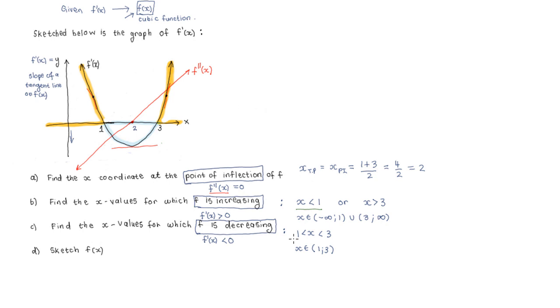When it comes to sketching f of x, we are basically just capturing these intervals of increase and decrease. Importantly, we need to pay attention to the fact that at x equals 1 and at x equals 3, we have our stationary points, because that's where f prime of x is equal to 0.